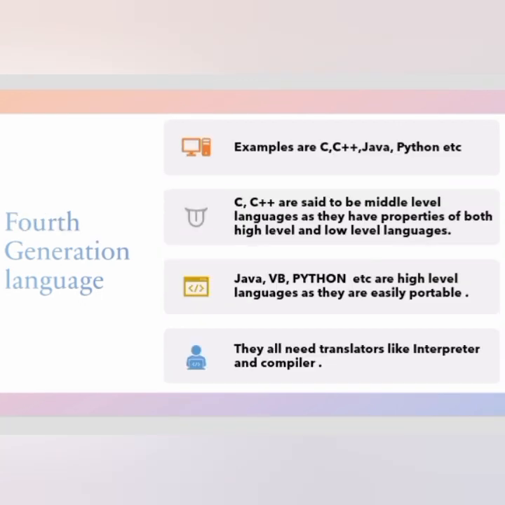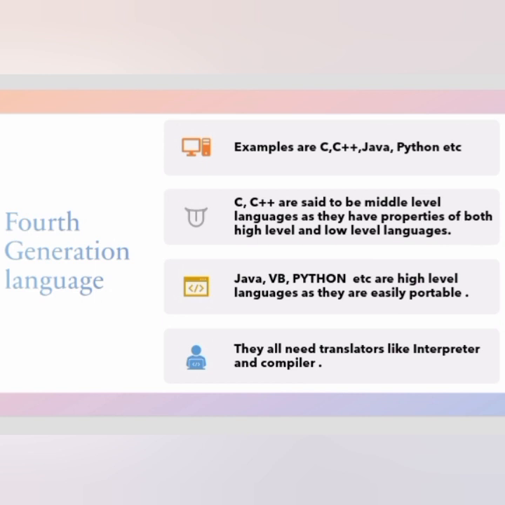Then we see fourth generation languages, in which C, C++, Java, Python, Fortran, COBOL, all these were introduced. Let me tell you that C and C++ are known as middle level languages because they have a mixture of both high level and low level.